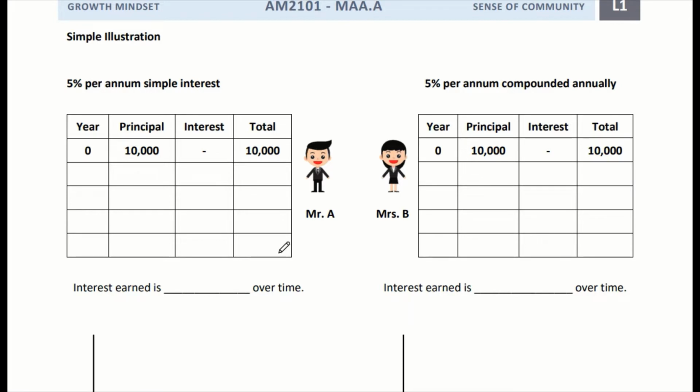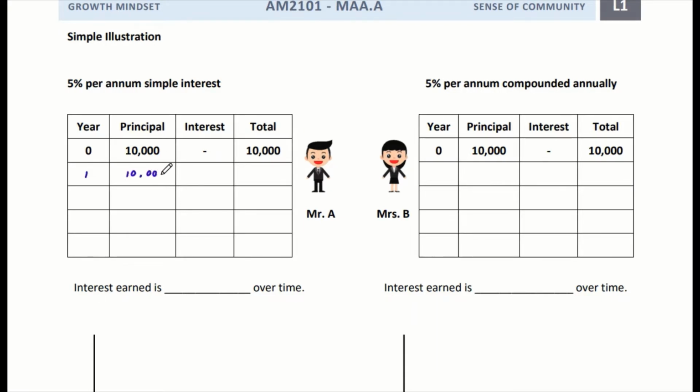Now let's start with Mr. A first. Remember that for simple interest, the interest is only calculated based on the principal only. Mr. A deposited a principal of 10,000, and in his account, he has a total amount of money of 10,000. After 1 year, the principal is still 10,000, right?